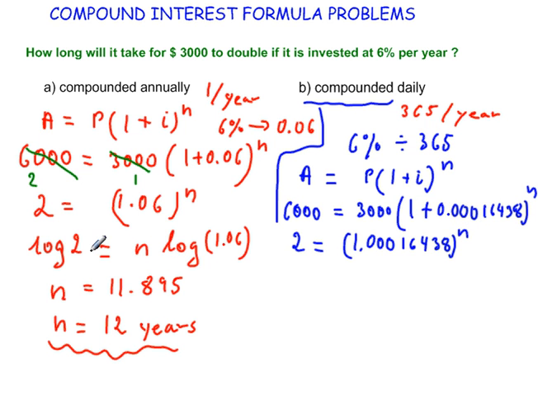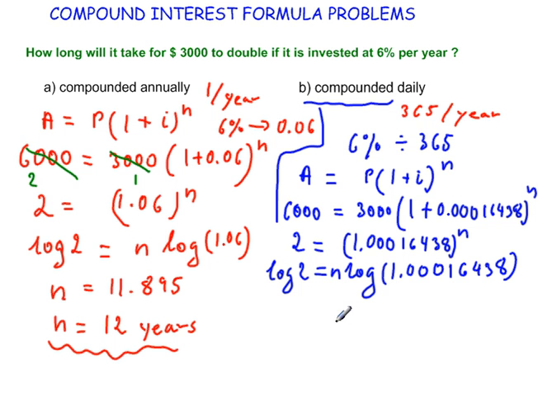As in the previous part A, we will log both sides. So log 2 is equal to log. So what will happen with that exponent? It goes out and log this long number, 16438. Okay, now n.